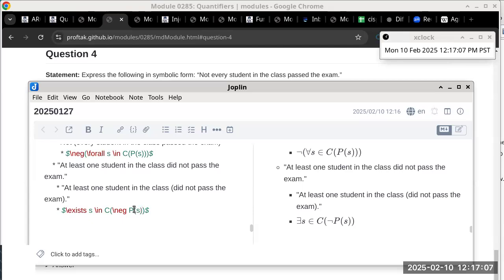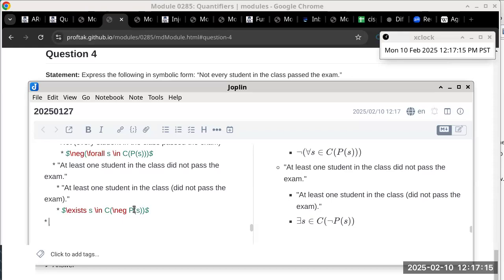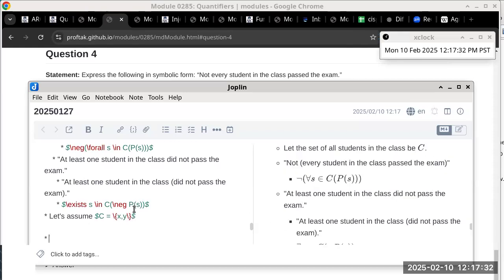Okay, so if we only have two students, X and Y, in the class, let's assume the class C only has two students, X and Y. Is that okay? So what does it mean when the entire class passed the test?